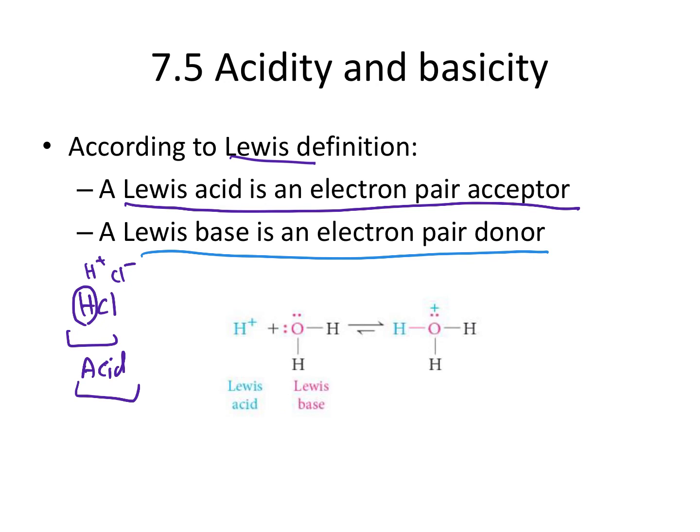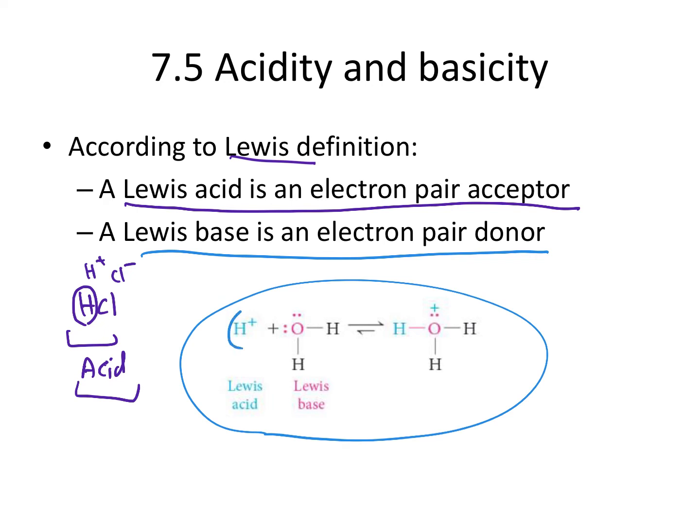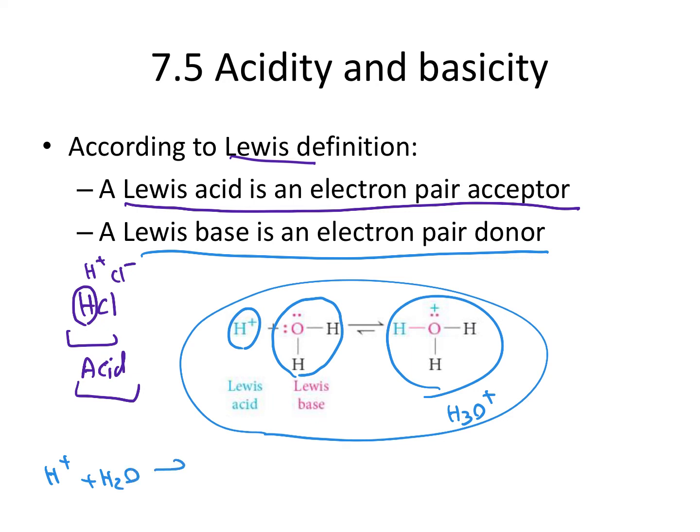We know it's an acid regardless. But for water, for instance, I give you the equation so you know in this situation whether it is an acid or base. So in this equation, you see H plus water gives H3O plus, right? And I can write this equation as this.